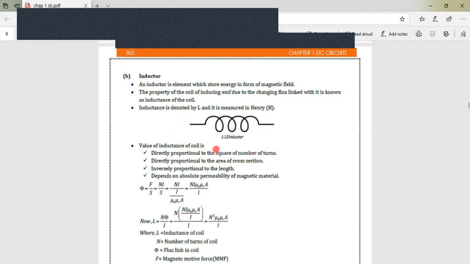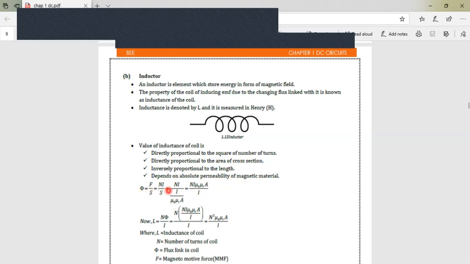If the number of turns is N, then inductance is directly proportional to N square. It is also directly proportional to the area of cross section, inversely proportional to the length, and inductance also depends on the absolute permeability of the magnetic material. Permeability is mu. So these are the basic equations.